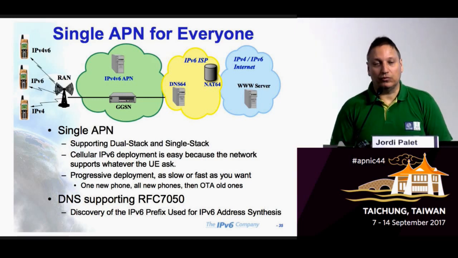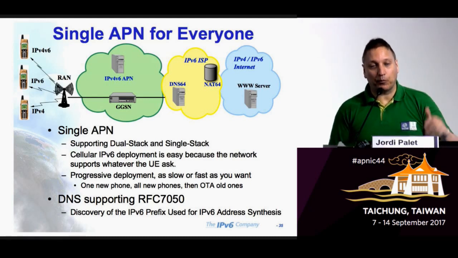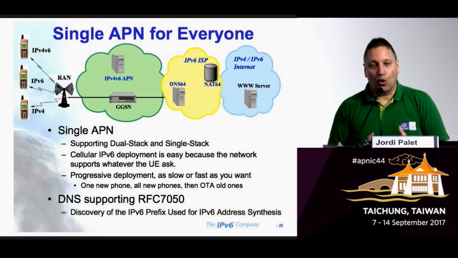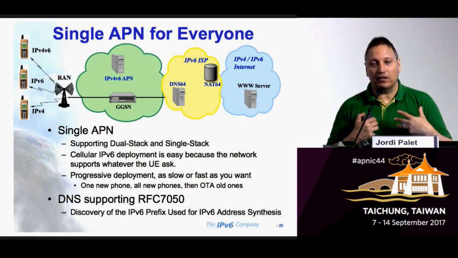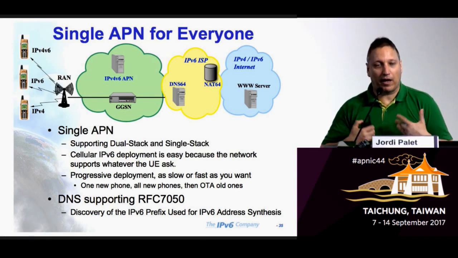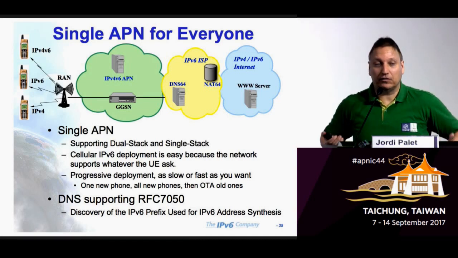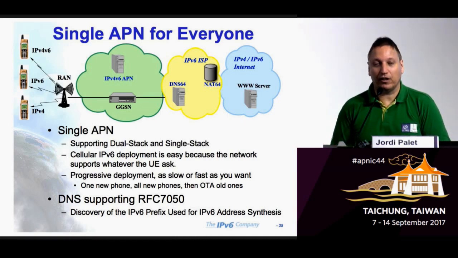And when you decide to do that with more phones, you keep going, and then you can even, what they call over-the-air, upgrade the older phones with the new configuration. So at the end, what is making your life easier is that instead of depending on having multiple APNs, multiple boxes across the network, having different configurations, you basically say, who you are, that's what you need to connect to me, okay?